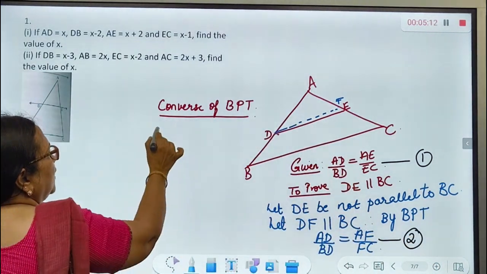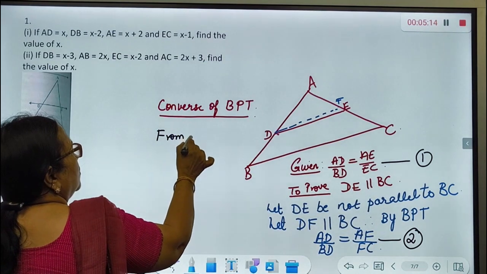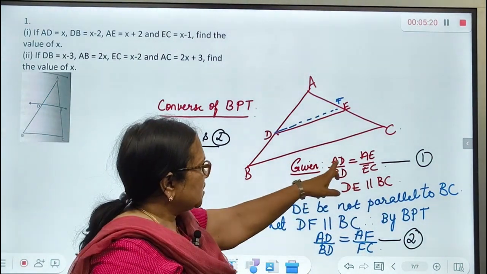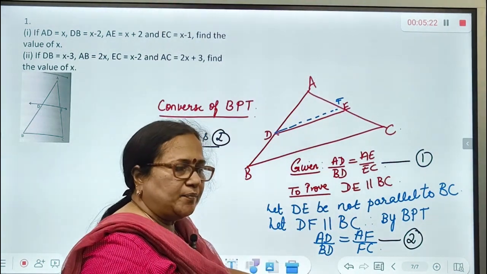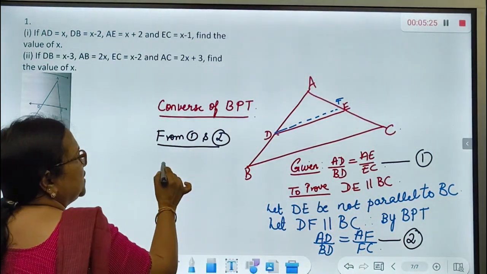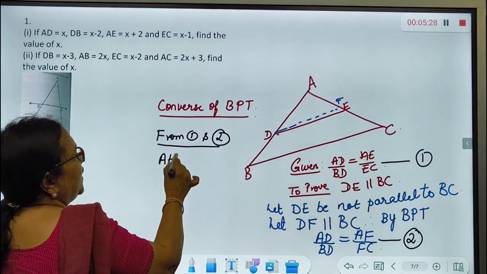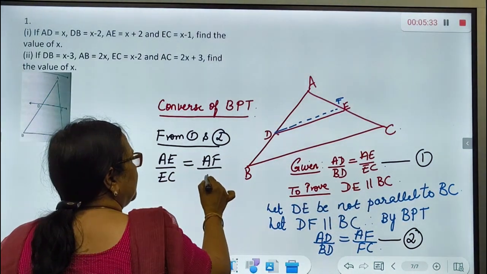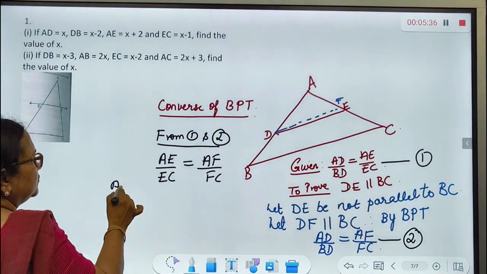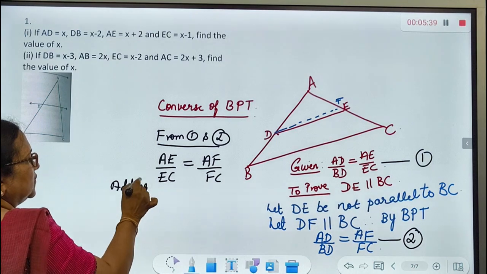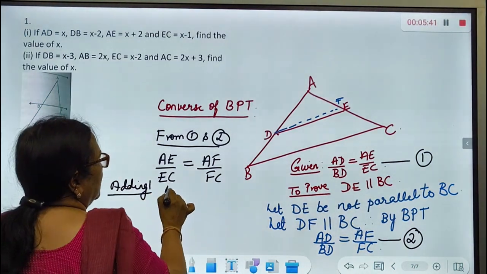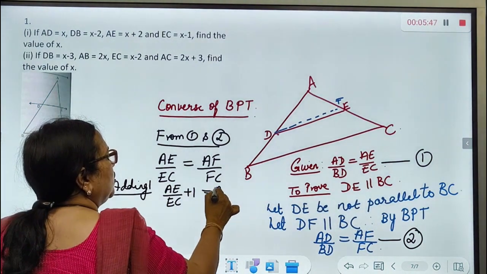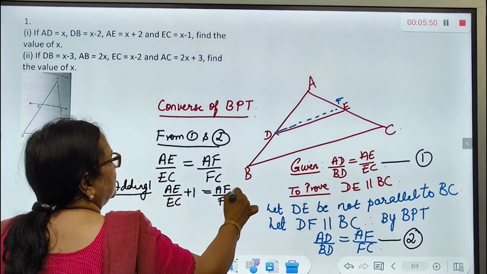So, from 1 and 2, what do you observe? The left hand sides are one and the same. This is also AD by BD. This is also AD by BD. Therefore, the right hand sides should also be the same. So, you will get AE by EC is equal to AF by FC. Now, add 1. Adding 1, you get AE by EC plus 1 is equal to AF by FC plus 1.